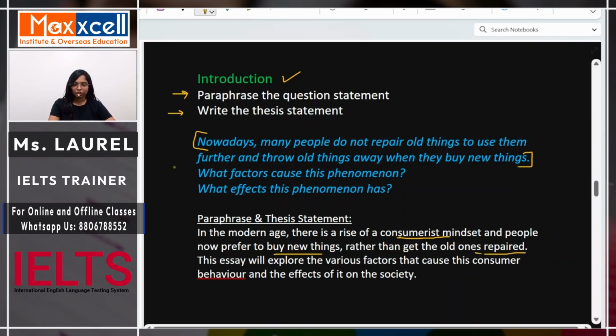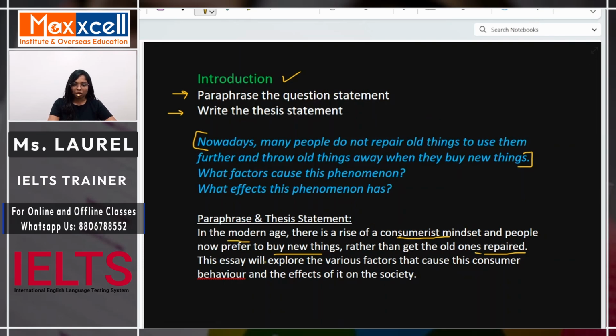Okay, so here you can see nowadays we have changed to modern age, and then many people do not repair, all this entire point we have put here. People now prefer to buy new things rather than get old ones repaired. And here you can see that we have shifted the sentence structure, and this is the paraphrase that we have done.